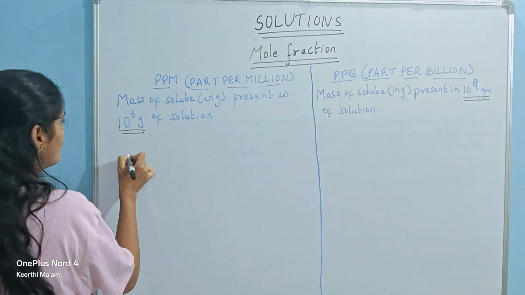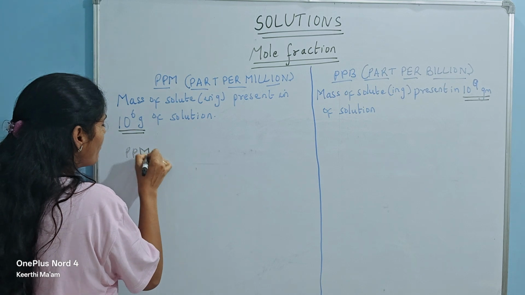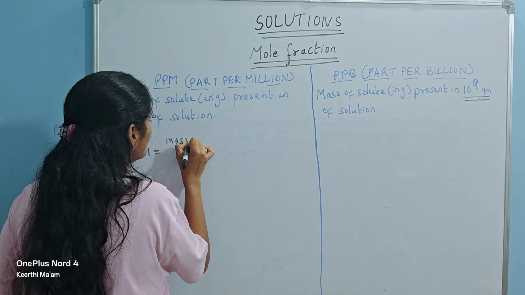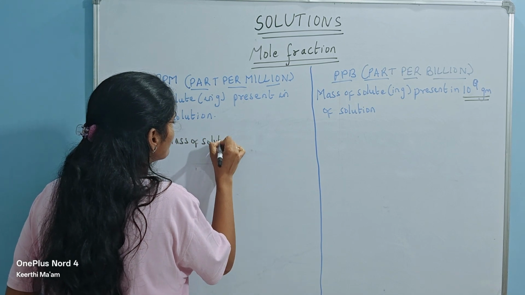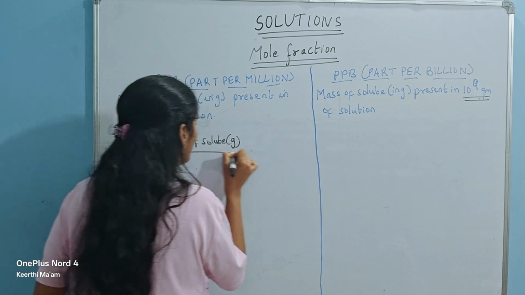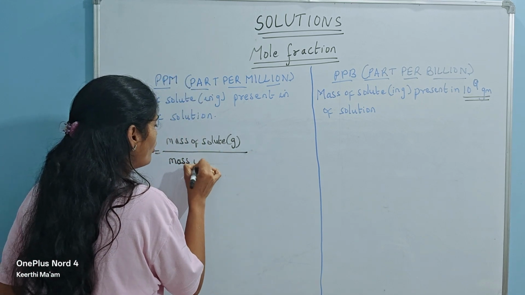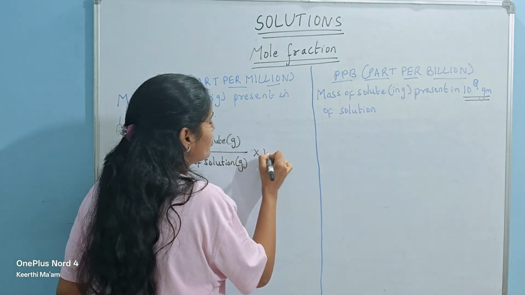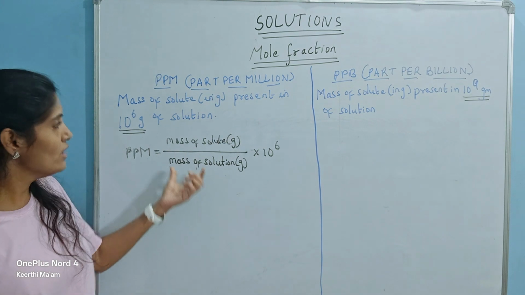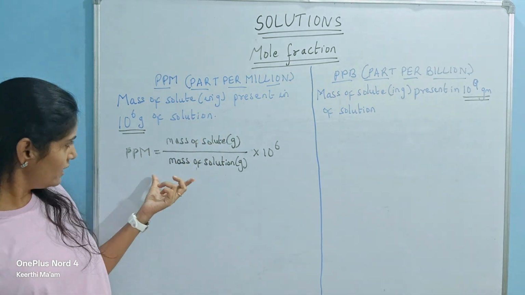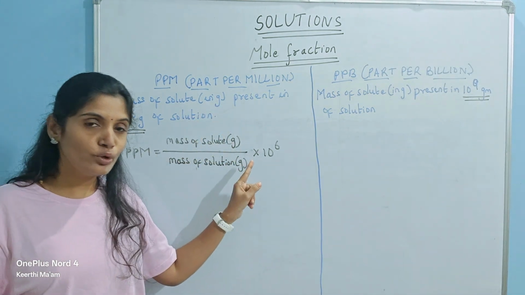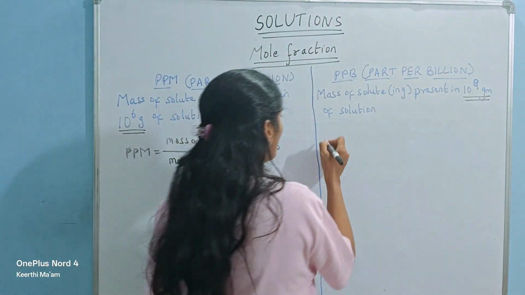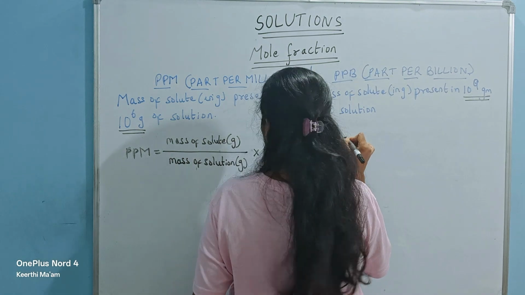How can I write it in the form of a formula? ppm, parts per million, is equal to mass of solute in grams divided by mass of solution in grams into 10 to the power of 6. Then what is your ppb?